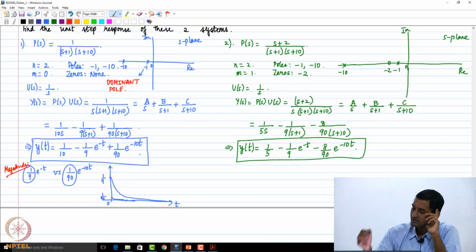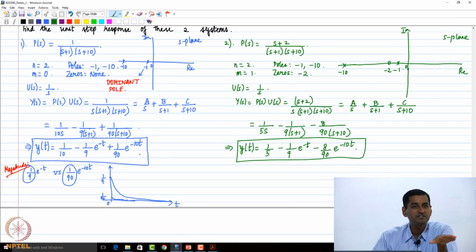Okay, fine. Let's now come to this example, right? So what happened here? We introduced a 0 which is closer to minus 1, right? So I'm sure all of us agree that minus 2 is closer to the pole at minus 1 than the pole at minus 10, right? Now once I introduce a 0 at minus 2, what is the effect of that 0? Yes, it affects the residues. It affects the steady state values.